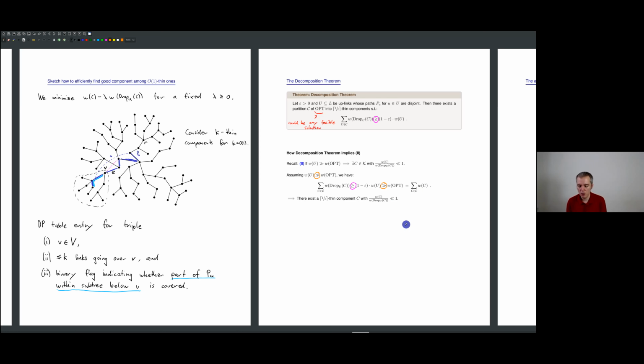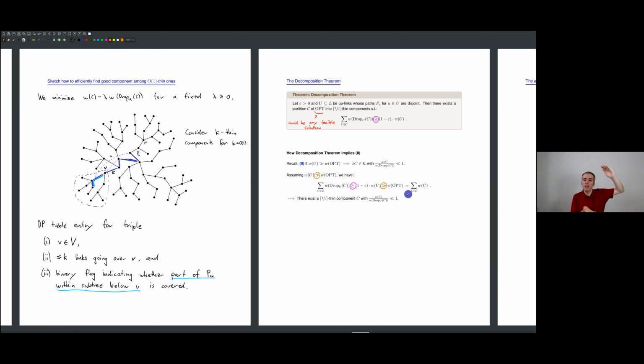Essentially it shows this, and one more thing I want to mention is that this inequality is very loose at the beginning, because the uplink solution will be about 2 opt. This means that at the very beginning we will be able to find a component with a certain weight that we want to add, and we win at least twice that weight in terms of uplinks. So at the beginning you have a factor 2 improvement on the exchanges.